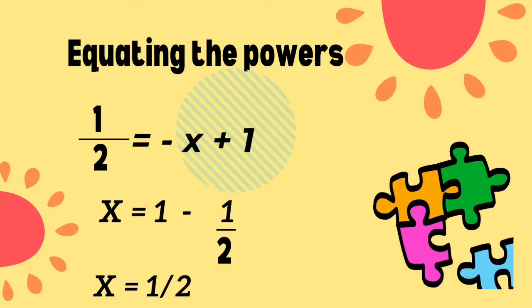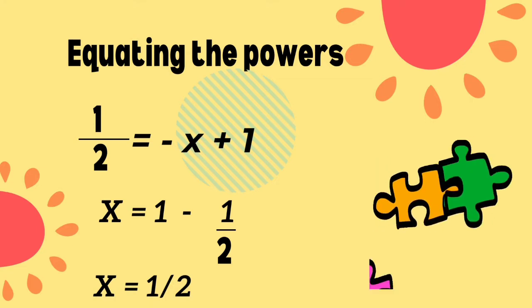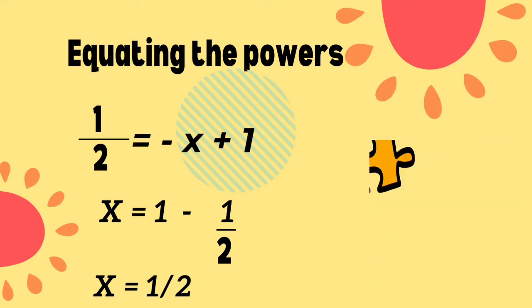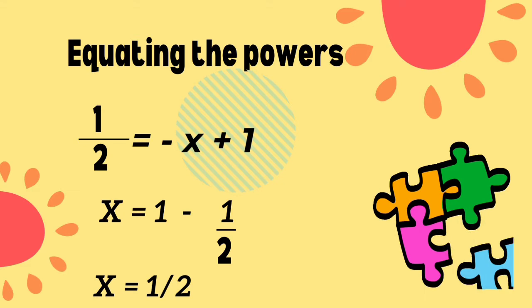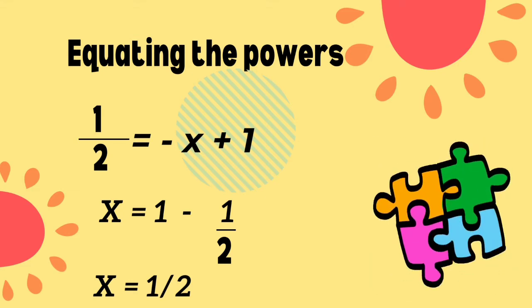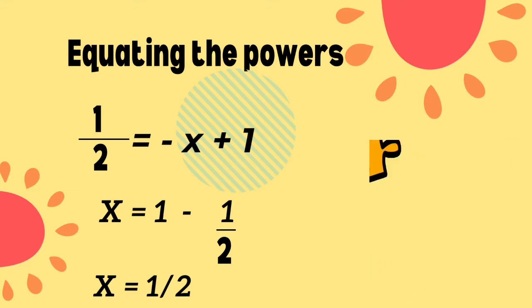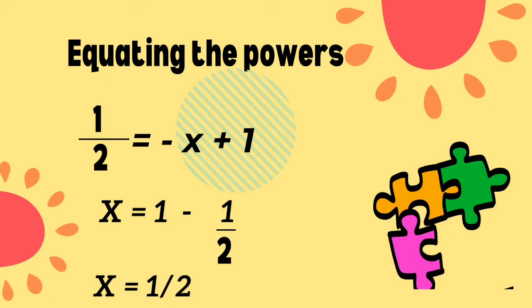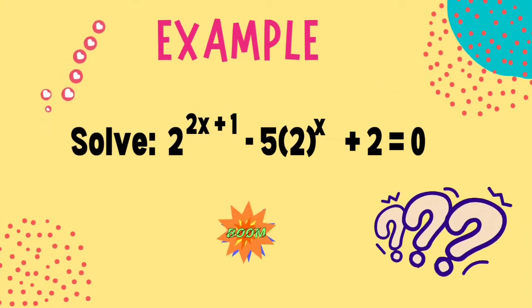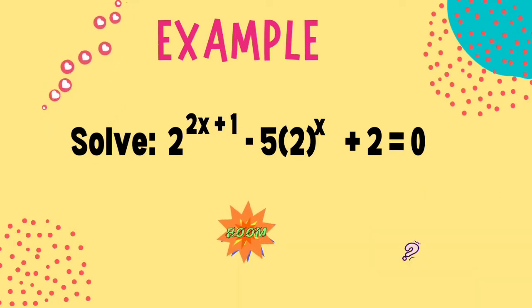Equating the powers, you are going to have the bases cancelling out themselves, leaving you with 1 over 2 being equal to minus x plus 1. And then the next thing you do is to collect like terms. So when you collect like terms, you'll be having x being equal to 1 minus half. And 1 minus half is equal to half. So that will be the final answer, x being equal to half.